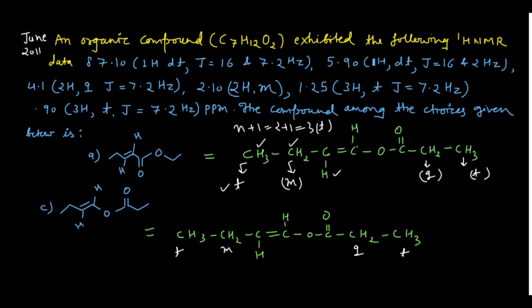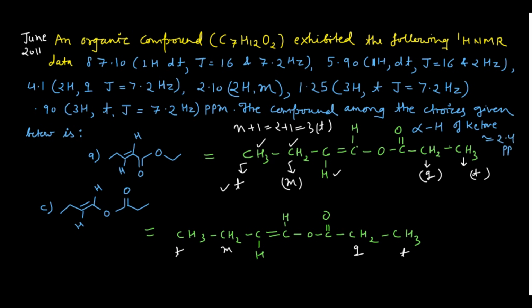Now the important conclusion which we can draw from the chemical shifts is very important. First of all, you should know one more thing, guys. The alpha hydrogens to the carbonyl group, alpha hydrogens of ketone, will have a chemical shift somewhere around 2.4 ppm.